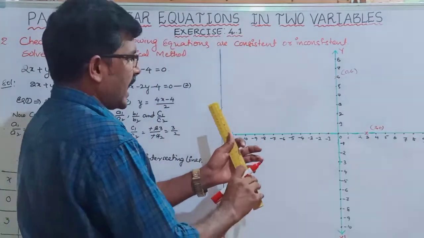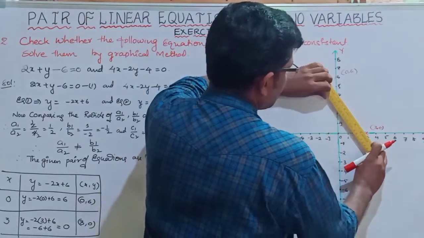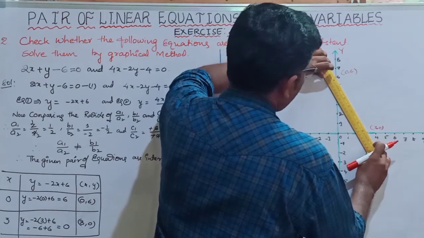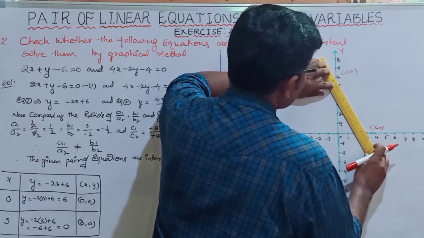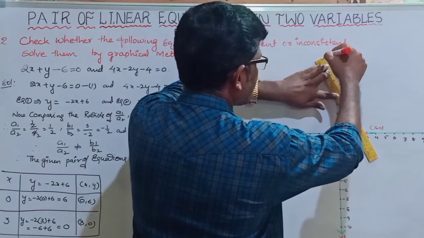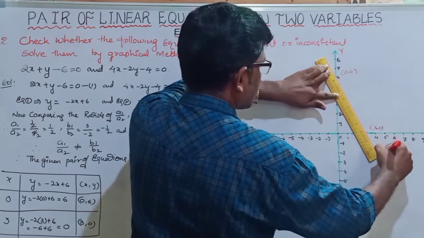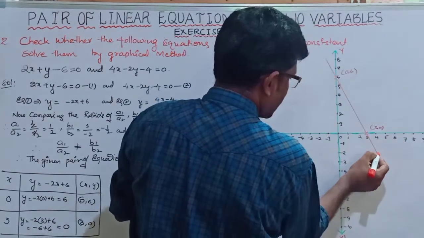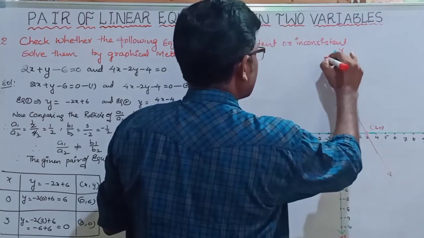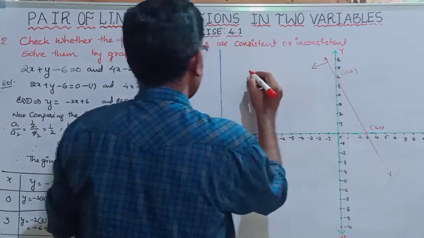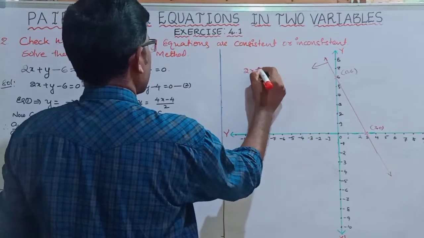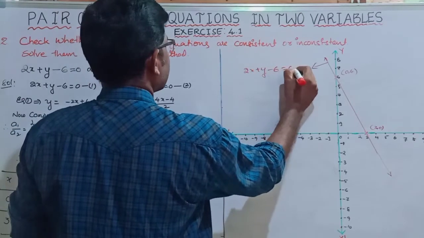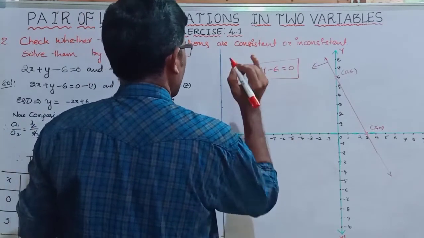So draw a straight line through these 2 points. So the line represents 2x plus y minus 6 is equals to 0.